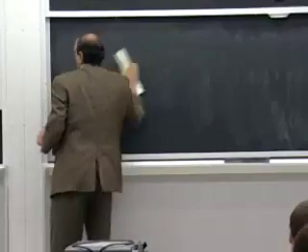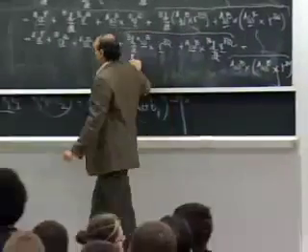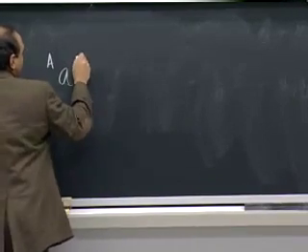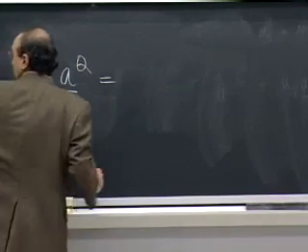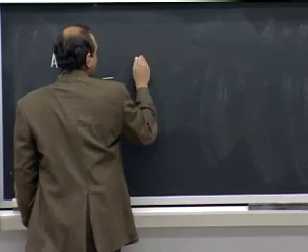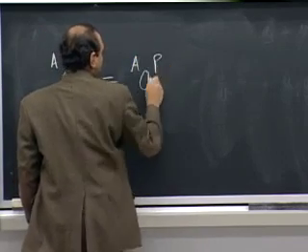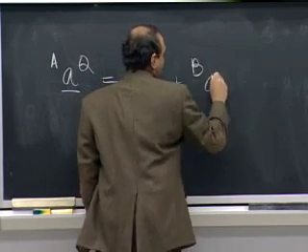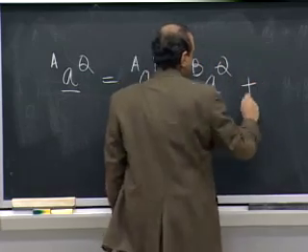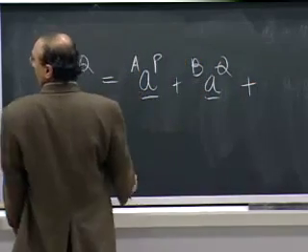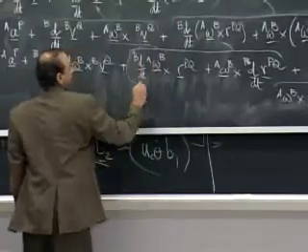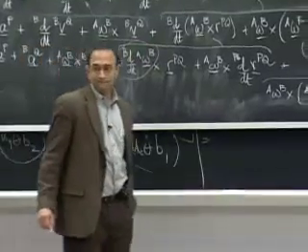So folks, I'm going to write out the super magic formula. Actually, this is it. I'll name the terms and we'll finish it next time. A acceleration of Q is equal to, read it out to me, please, the acceleration of point P, which is the fixed point, plus B a Q, plus what is this guy? Alpha.